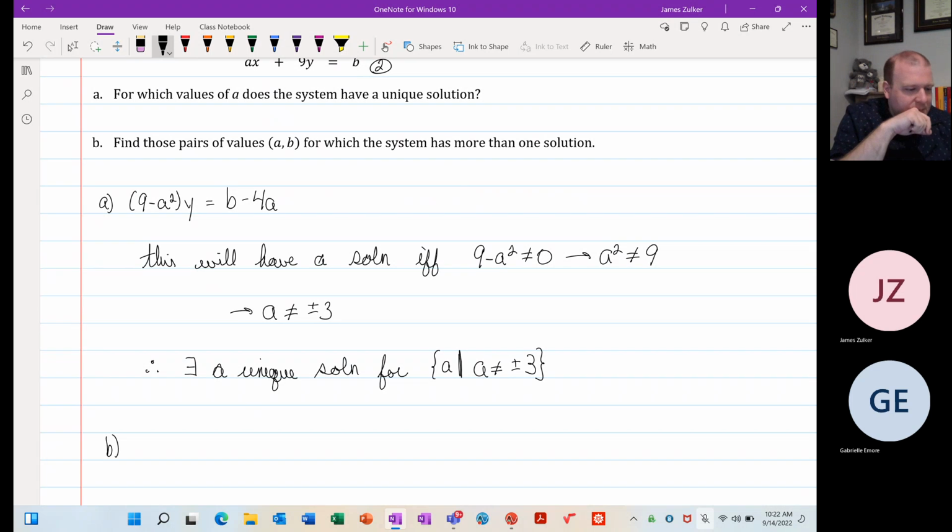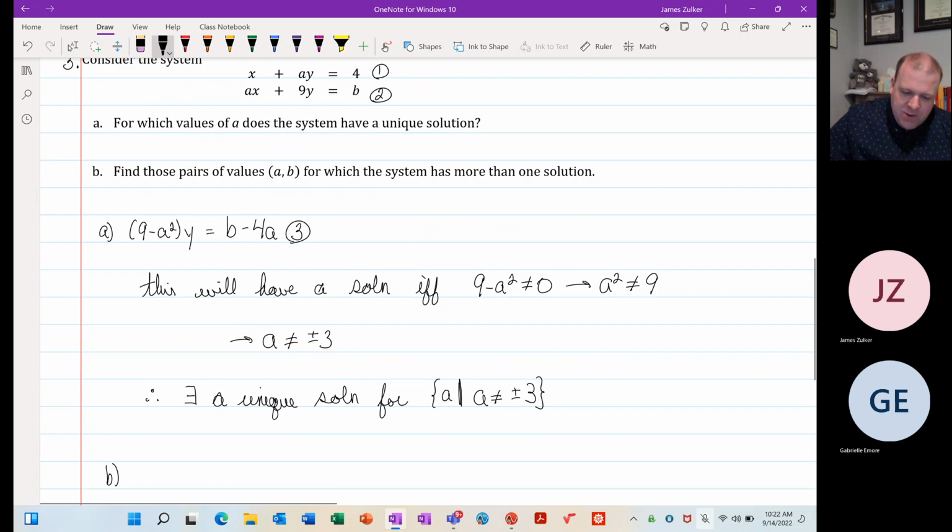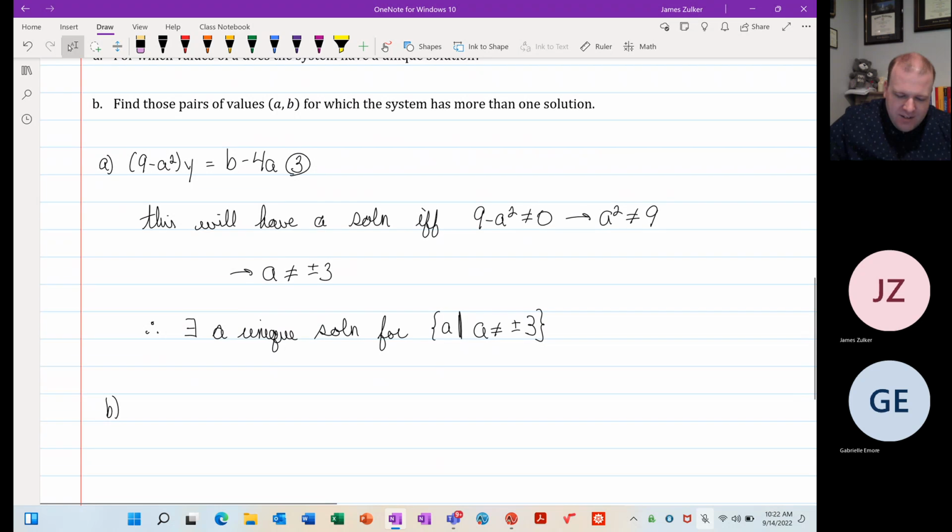For part B, we want to find pairs a and b for which the system has more than one solution. Well, we again travel back up, right, to when we added negative a times the first equation plus the second equation.